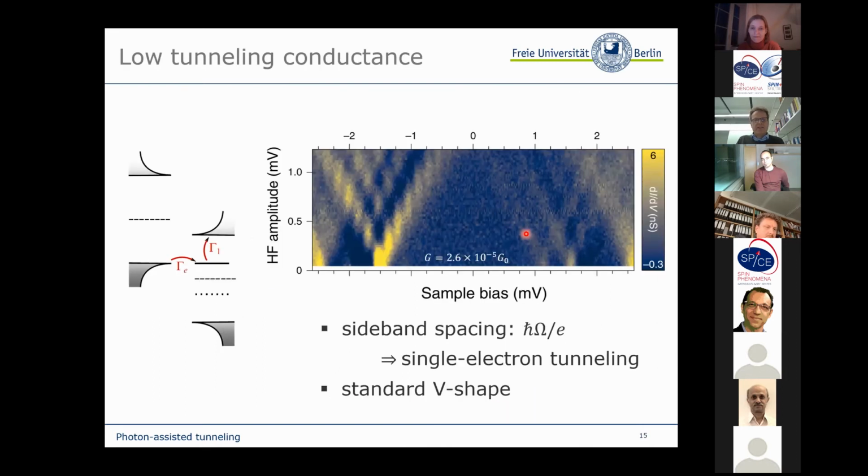And in fact, if you now do this photon-assisted tunneling experiment, first at a very small junction conductance, given here, then you see that there are these V-shaped structures. And if you analyze the sideband spacing, that sideband spacing comes out to be h bar omega over E, consistent with the expectation that at small junction conductance, there should be single electron tunneling.